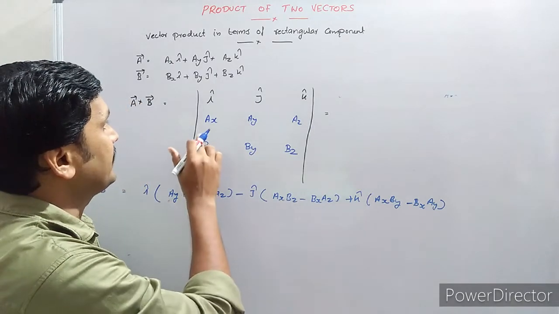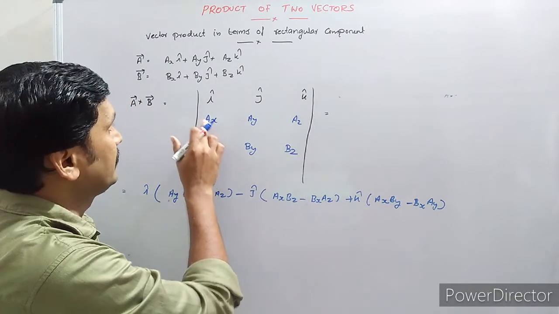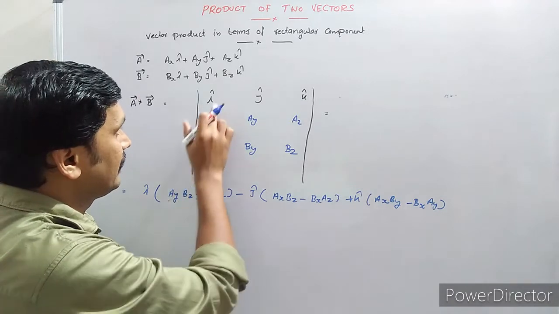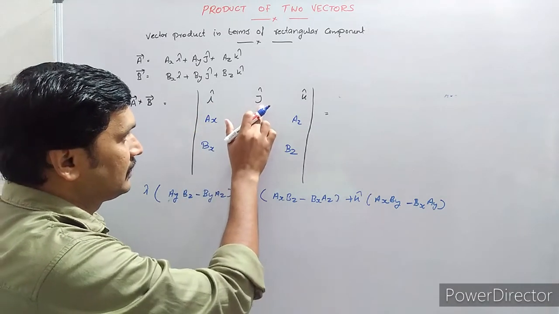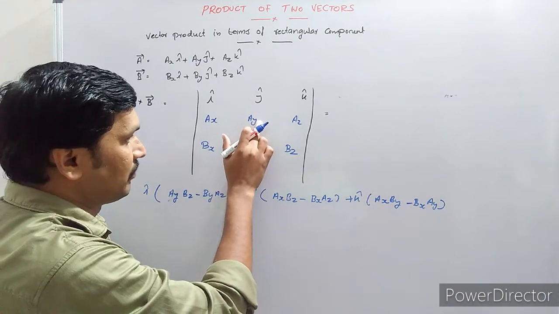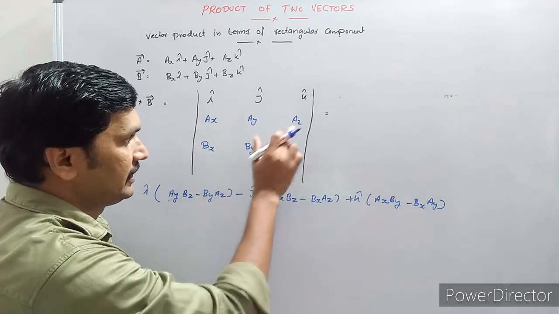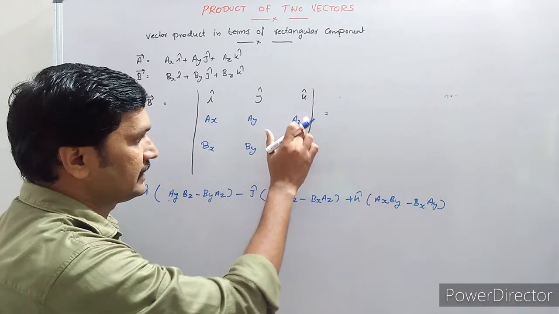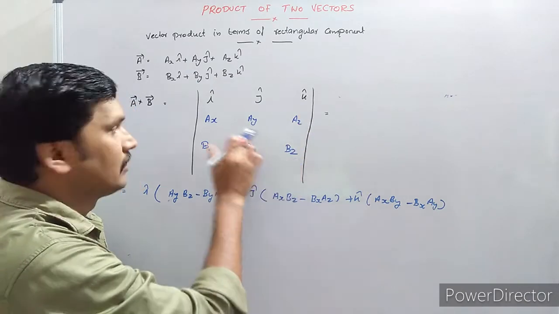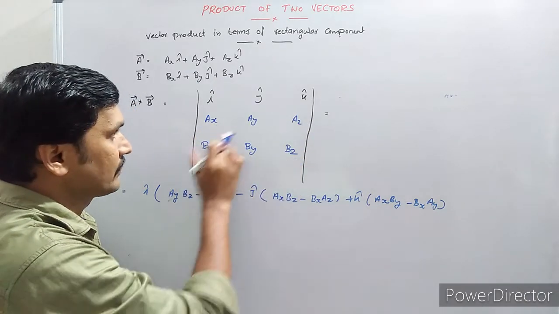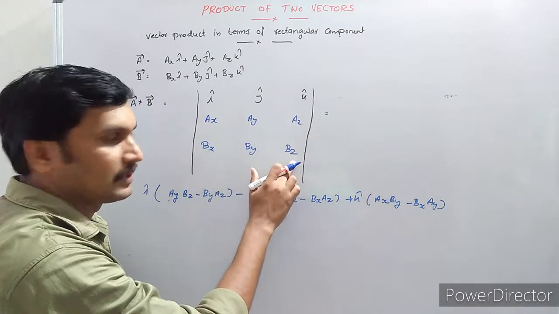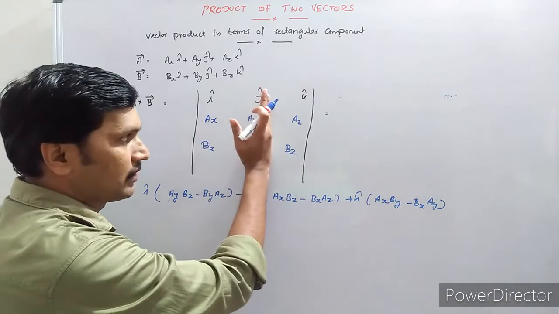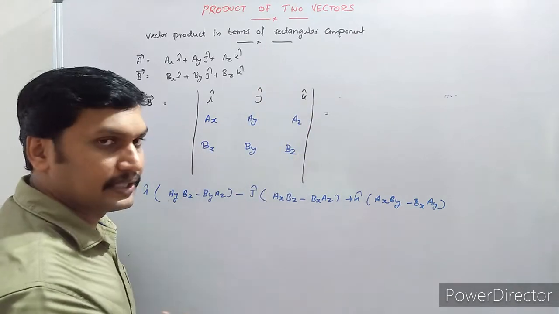After that, write the x component of a and b here, ax, bx. Here write the y components, ay, by. Here write the z components, az, bz.